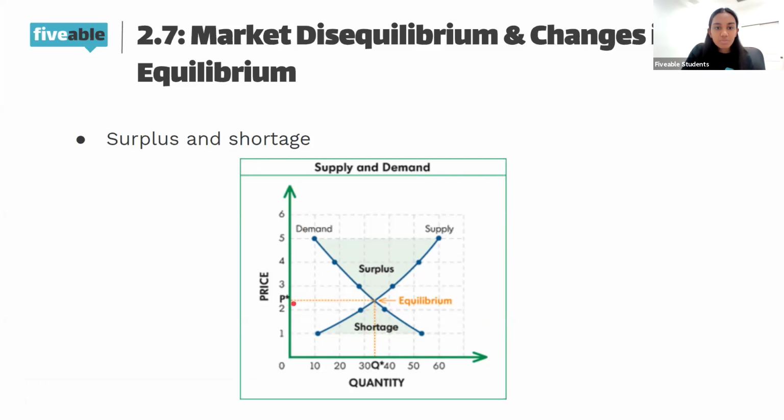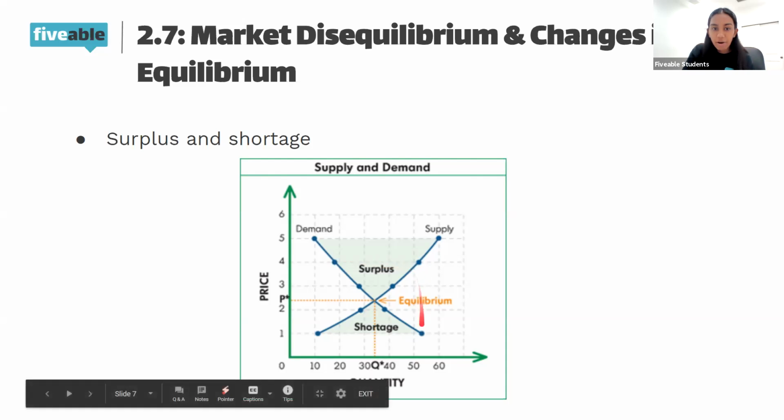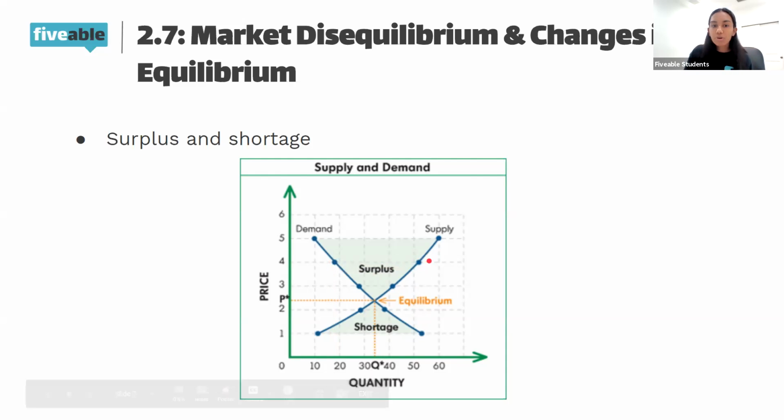And when the price level increases, let's say it increases to 4, you can see that quantity supplied is greater than quantity demanded. Quantity supplied is at about 50 and quantity demanded is about 20. So we have about 30 more of that product being produced at a price of 4. So that means there's a surplus.